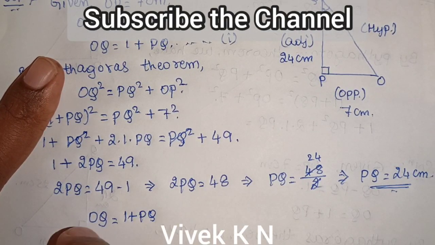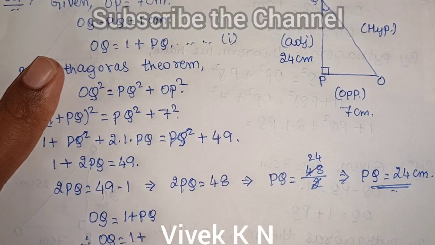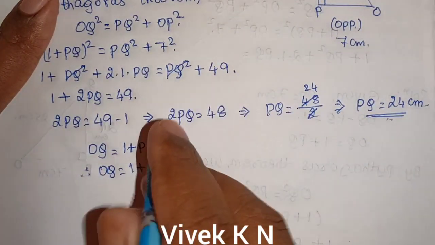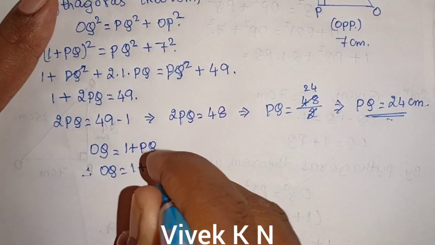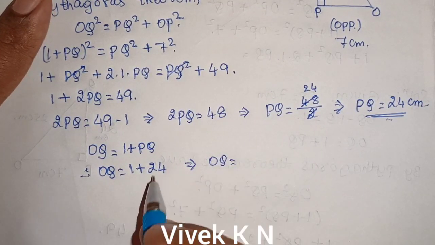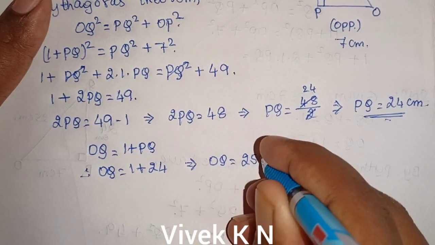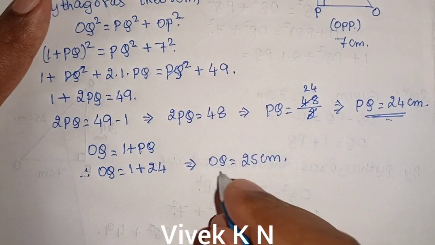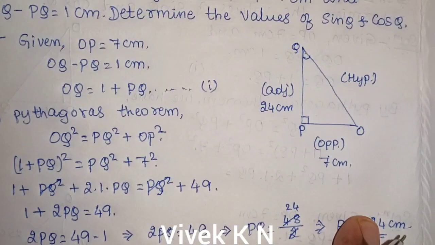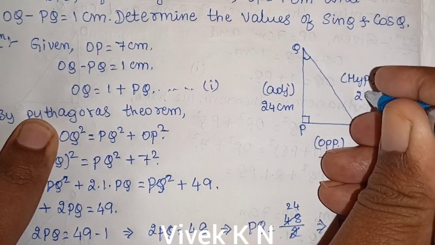Therefore, OQ is equal to 1 plus the value of PQ, which is 24. It is OQ is equal to 24 plus 1, which is 25 centimeter. That is, OQ is 25 centimeter. That is, the hypotenuse value is 25 centimeter.